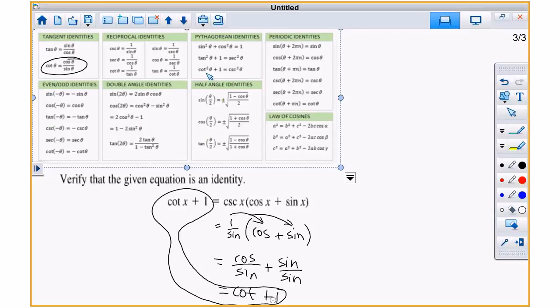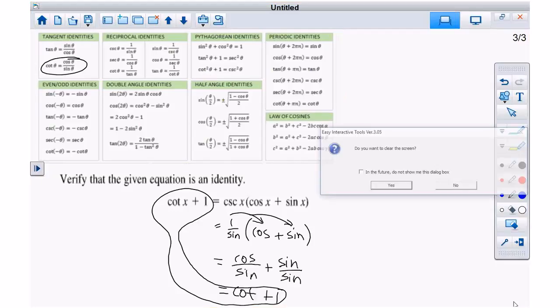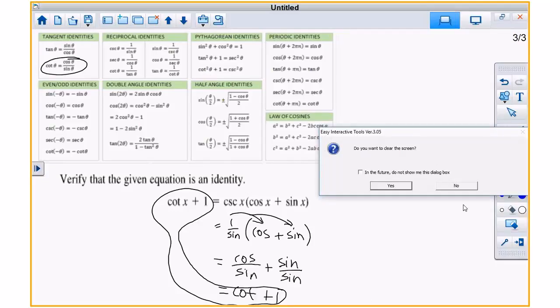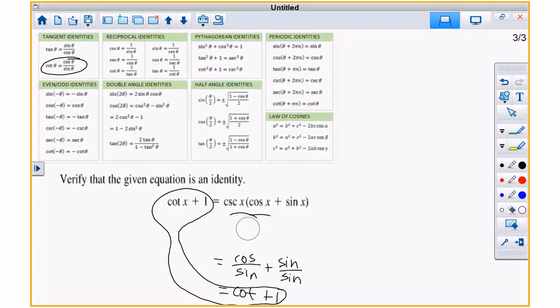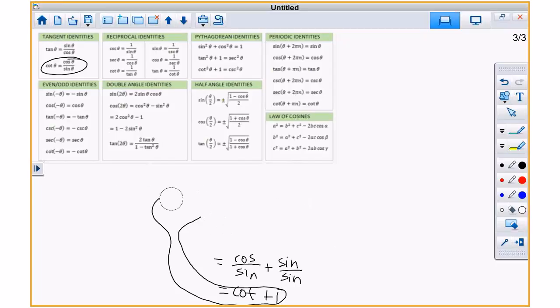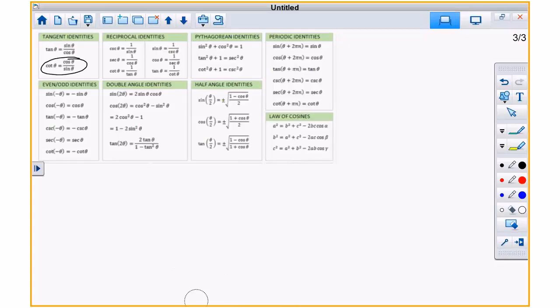Anyway, go the other way. Take this side and prove this side. Why did I erase this? And when I erase it, it's going to erase the whole thing, probably. Yep. Golly, what a surprise.